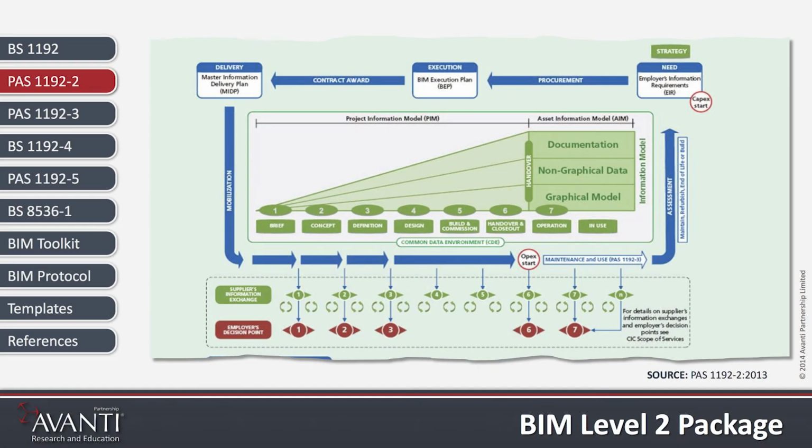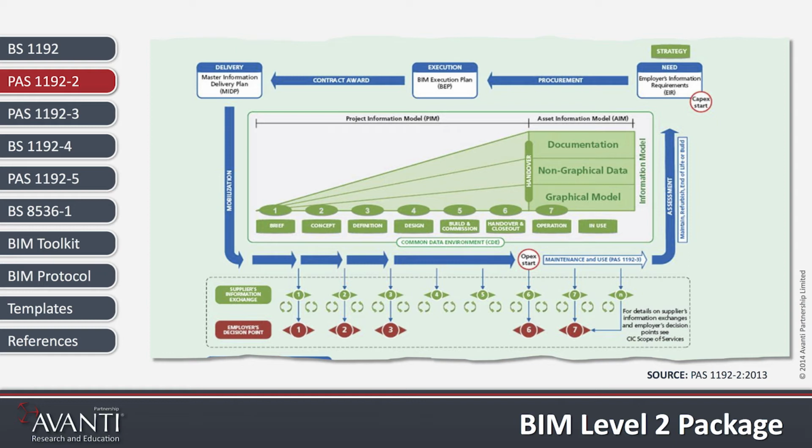The main diagram in this document is this lifecycle document, which is made up of a number of items. The green element is BS 1192-207. The blue element from CapEx start to OpEx start is how we procure the teams to deliver information to us. This is an information strategy and the delivery of information into the CapEx activity.